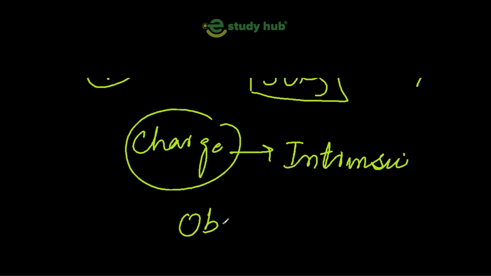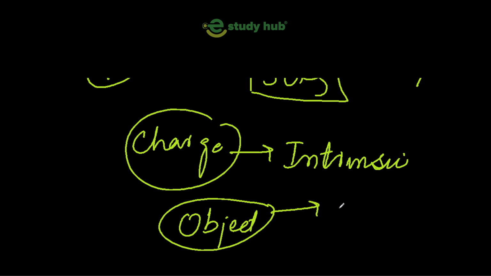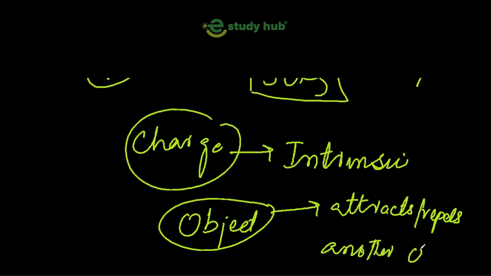Due to having this intrinsic property, what does an object do? The object attracts or repels another object. So let's define the charge again. Charge is an intrinsic property of an object due to which it attracts or repels another object.